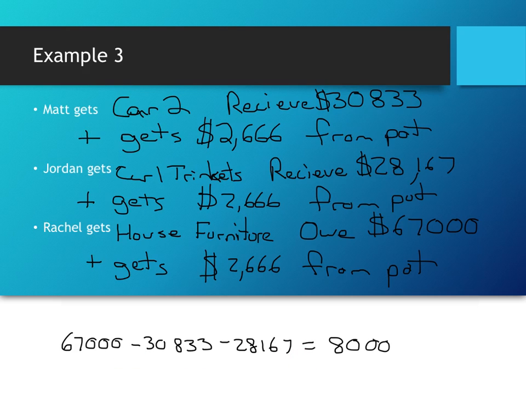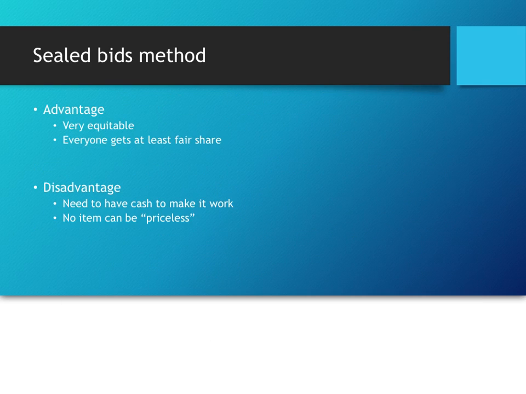and the pot's always going to work like this because, well, usually it's going to work like this because people will not bid the same on everything. In the end, everybody got $2,666. There's $2 left over, but there you go. Okay. Now here's the deal: the sealed bid method is very equitable. All right, because first off, everybody gets their fair share.